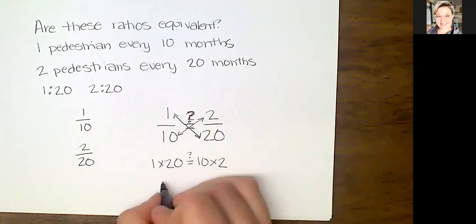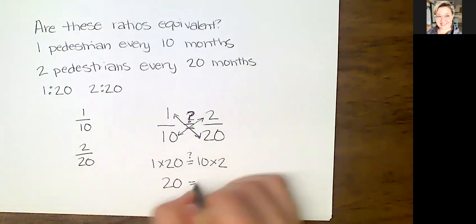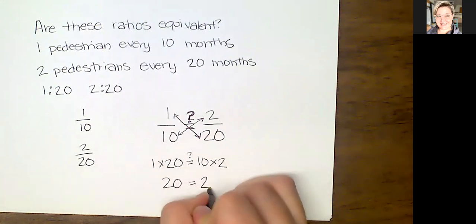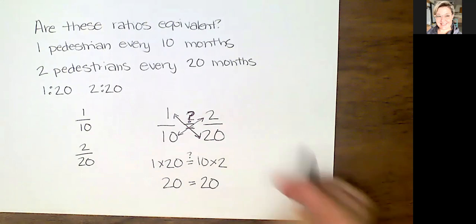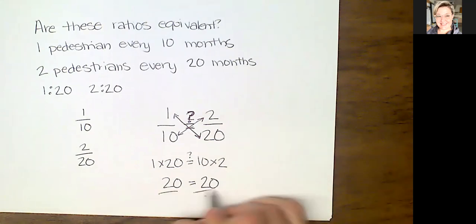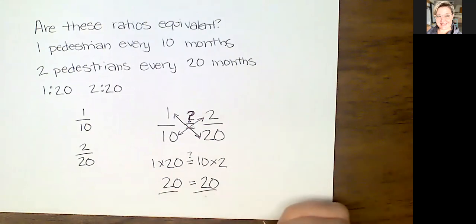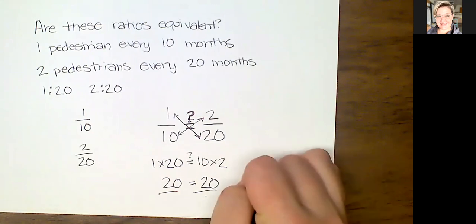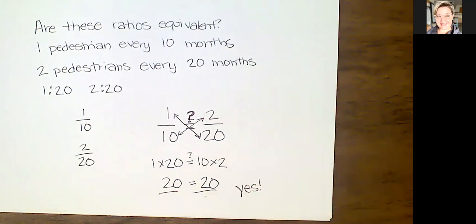Okay, 1 times 20 is 20, and that is equal to 10 times 2, because 10 times 2 is 20. So if we do that and we get the same number on both sides, then we can say yes, the fractions are equivalent, so the ratios are equivalent.